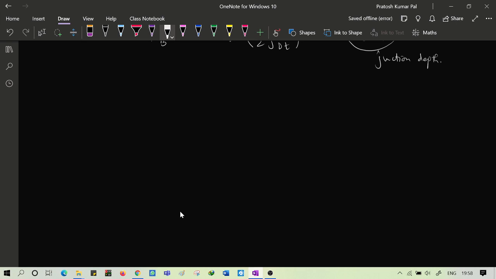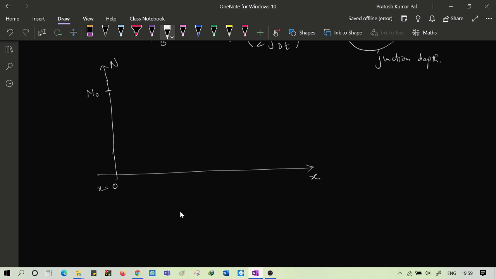If we plot this error function for different junction depths, with n the concentration of dopant, at x equal to 0 the concentration will be highest, that is n naught.